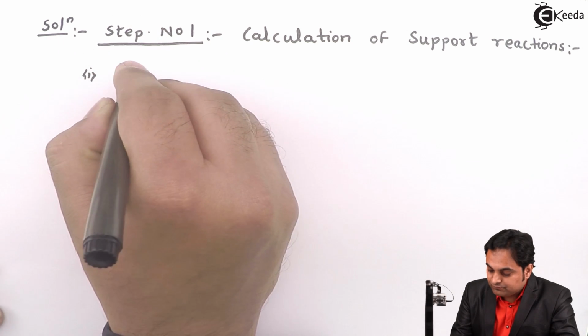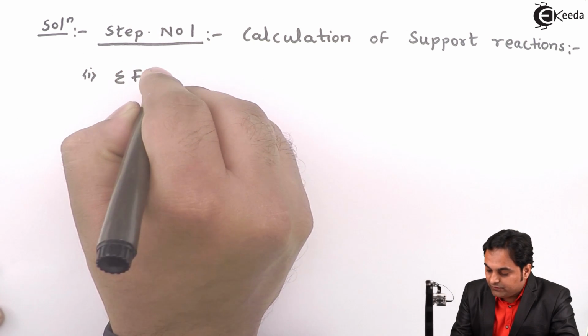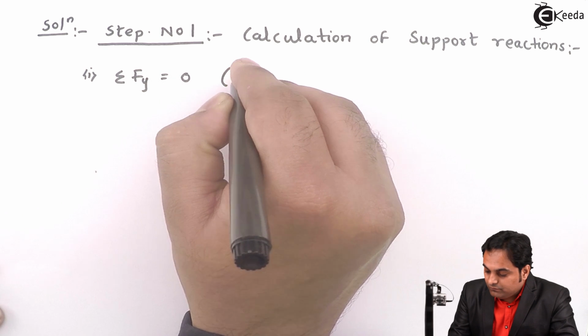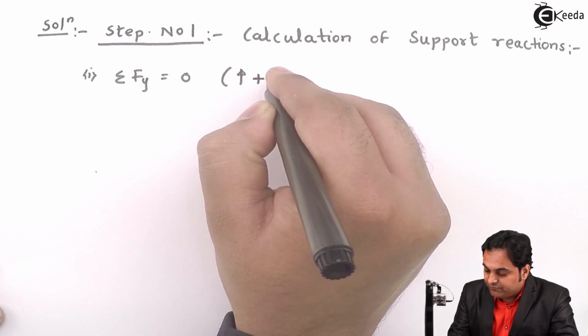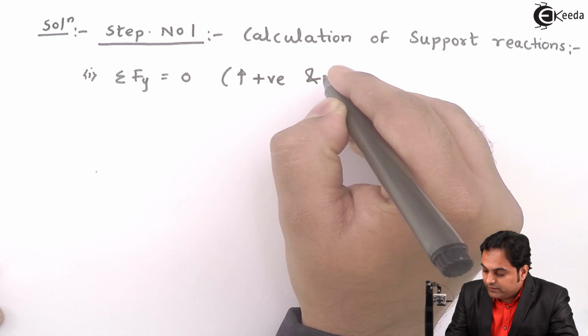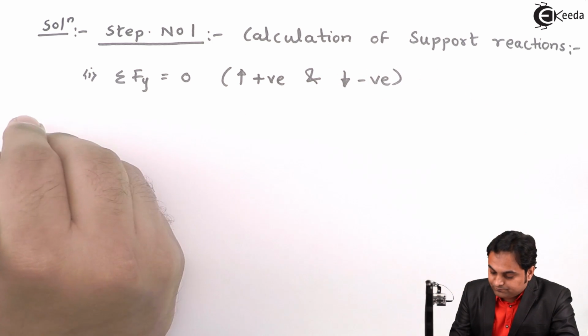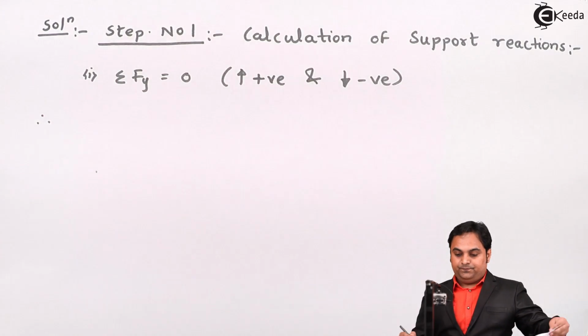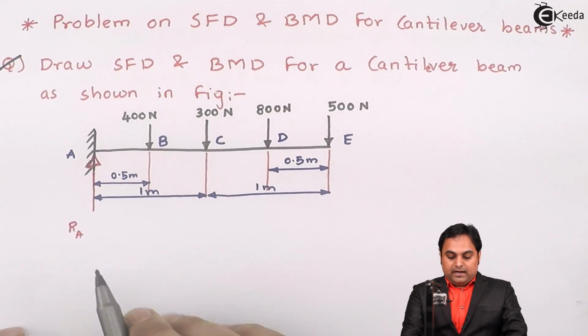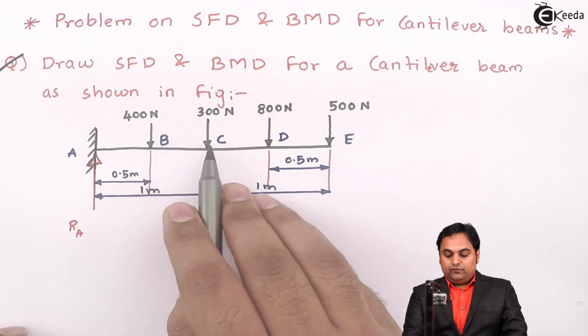So I'll use the condition of equilibrium, that is summation of Fy is equal to 0, where upward forces are positive and downward forces are negative. Therefore, Ra is acting upward, remaining all forces are downward.